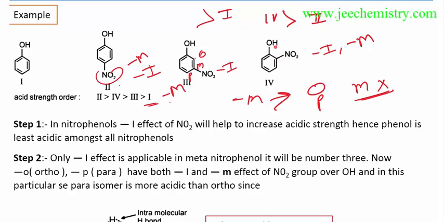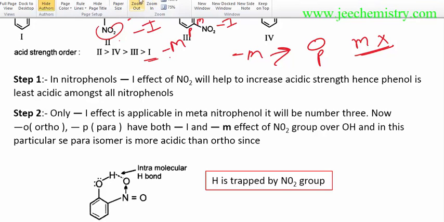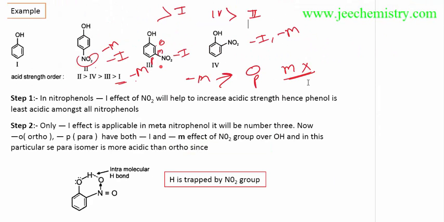This group is providing hydrogen bonding with this H. Here the hydrogen bonding is shown. After making this hydrogen bonding, it will trap the hydrogen, so it will not allow the hydrogen to leave and act as an acid.